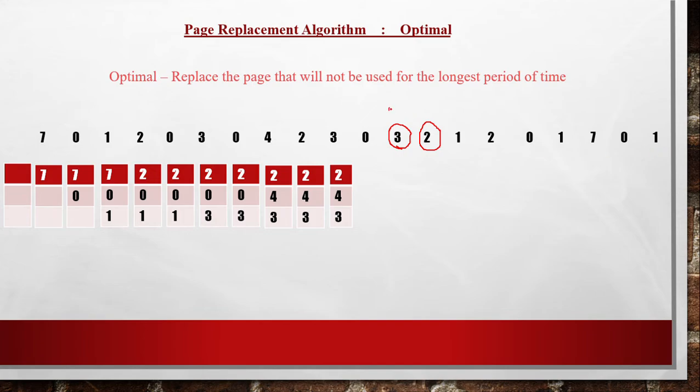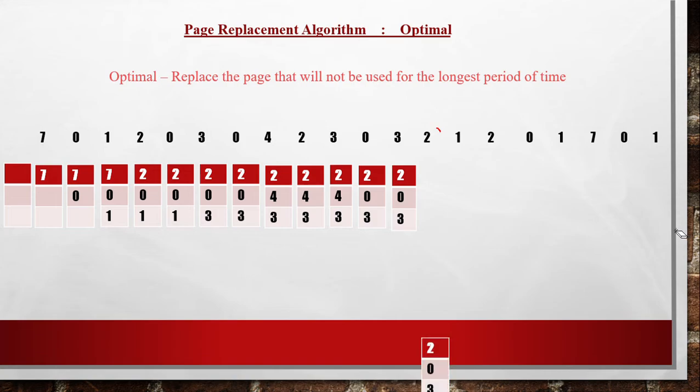So first, 3 will be referred, second, 2 will be referred, but 4 will not be referred in near future. So obviously 4 is the victim page. 4 has to be replaced. So 0 will take the place of 4. Now next reference is coming for which page number?